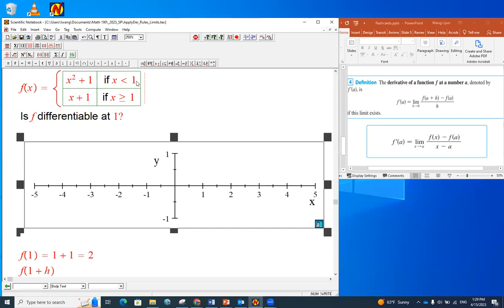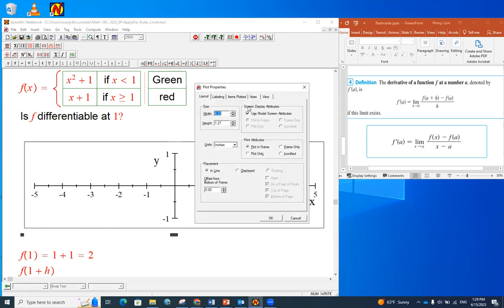When x is less than 1, we're going to use the color green, and for this piece, we're going to use red. That should be obvious enough.